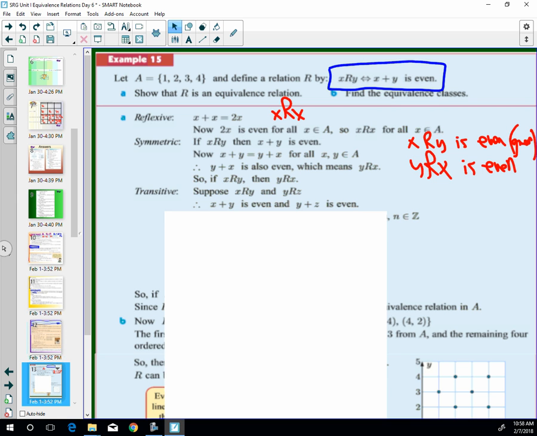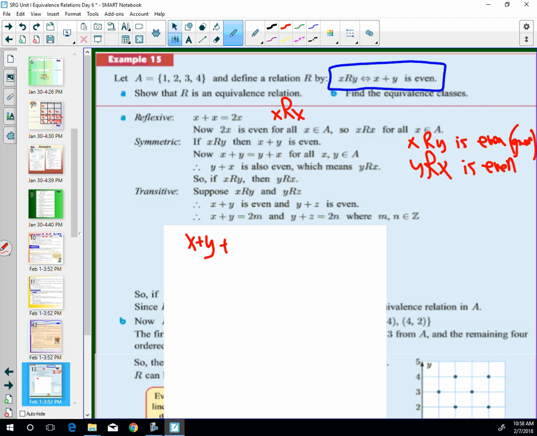If you accept that those two are even, then X plus Y will be some multiple, 2m. We do this in HL2 as well. And then Y plus Z will be 2n, where m and n are integers. Okay, so do this: add X plus Y plus Y plus Z and set it equal to 2m plus 2n.